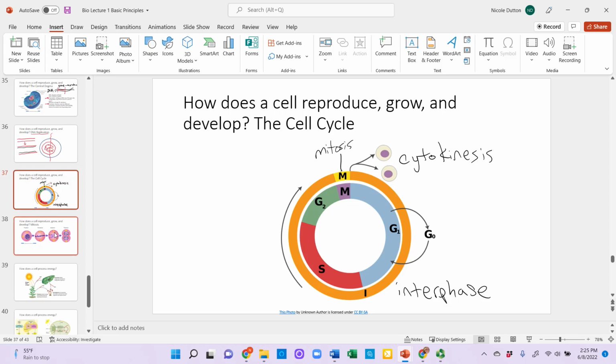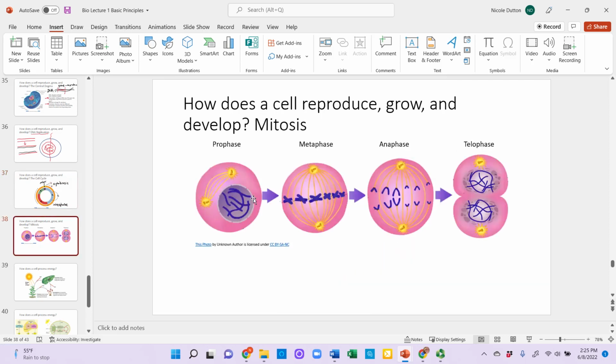Once we enter into mitosis, the nuclear envelope disappears and chromosomes condense. So our chromatin condenses down into chromosomes. Then we have metaphase, where our chromosomes align in the center of the cell. So each one of these is one copy of the replicated DNA. Then in anaphase, those copies are going to separate and migrate towards opposite ends of the cell, so that each cell is going to have the same identical kind of genetic material in it.